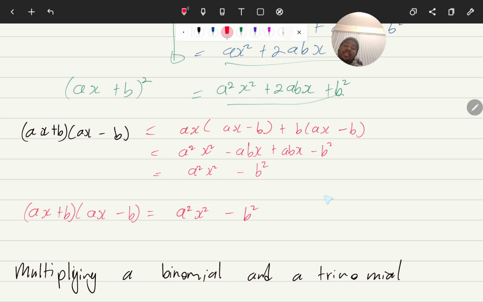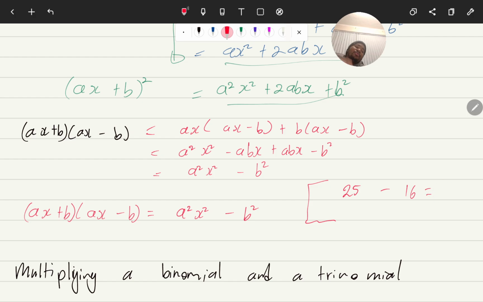Now, if I make an example with real numbers, let me go with 25 minus 16, right? 25 minus 16.